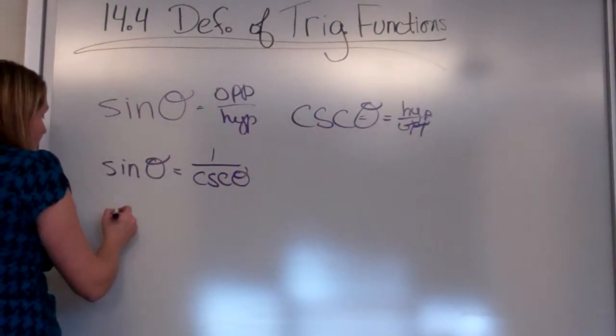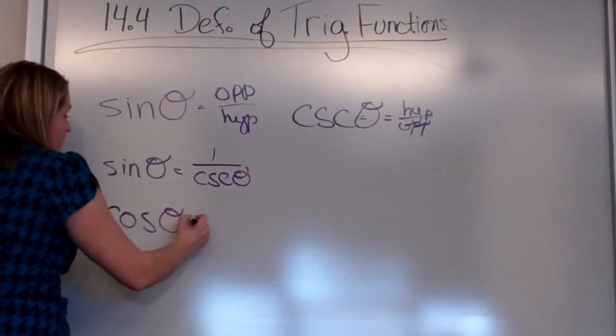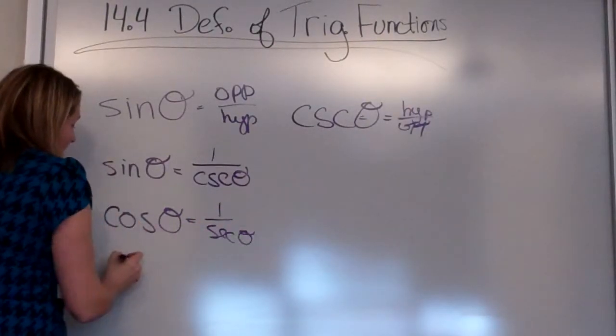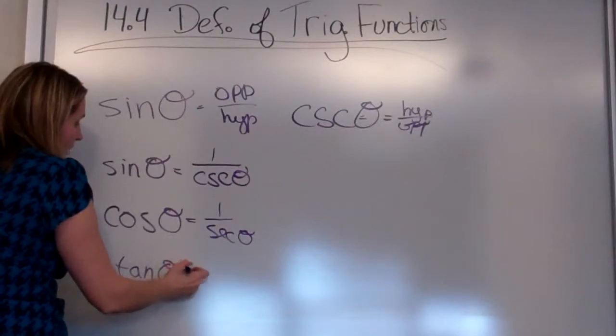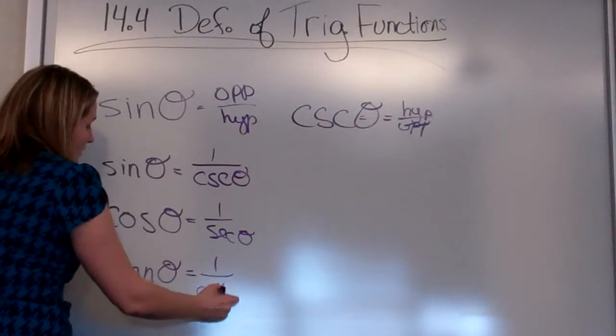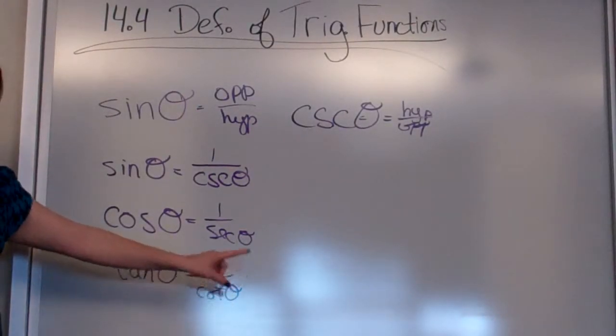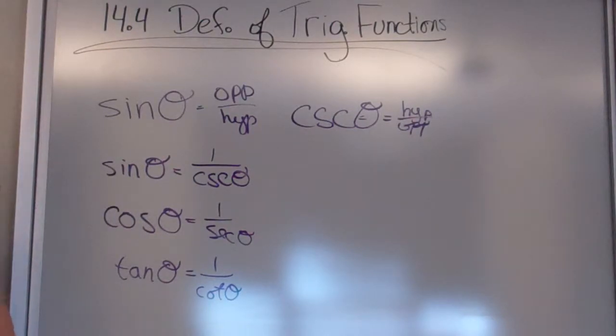Just as cosine is the reciprocal of secant, and tangent is the reciprocal of cotangent, and vice versa. If I have cotangent theta, it's the same as 1 over tangent, okay? So they're reciprocals of each other. The 6 are paired up and linked together. All right?